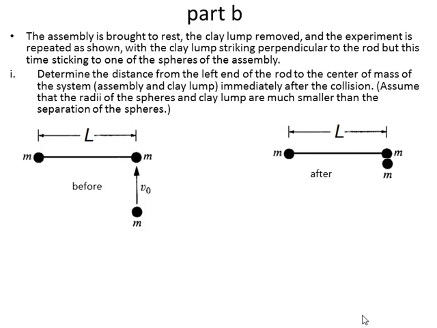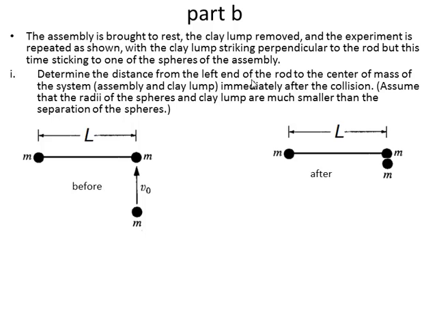Now the astronaut does a slightly different experiment in part B. The experiment is repeated with the clay lump striking perpendicular to the rod, but this time it sticks to one of the spheres. So instead of striking right here, right at the original center of mass, it sticks to this sphere here.